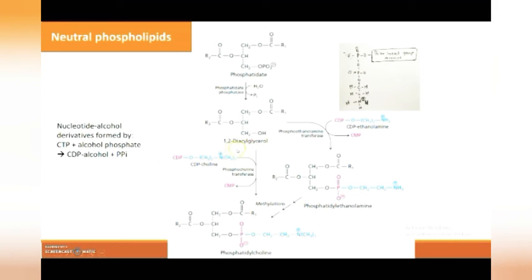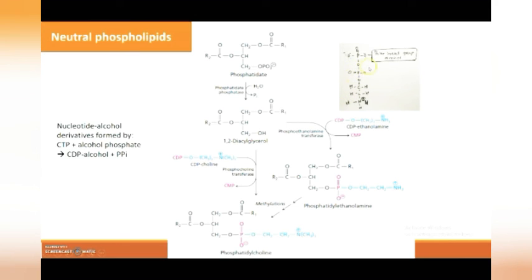The next step is reacting 1,2-diacylglycerol with CDP choline. Here the phosphate group will attach to the O at C number 3, and then H will be released because the O has 3 legs.